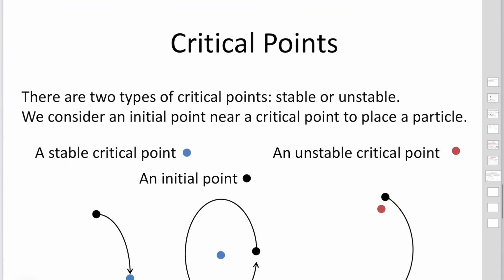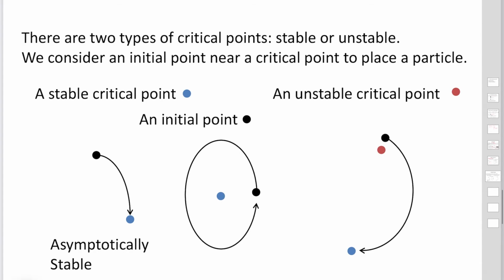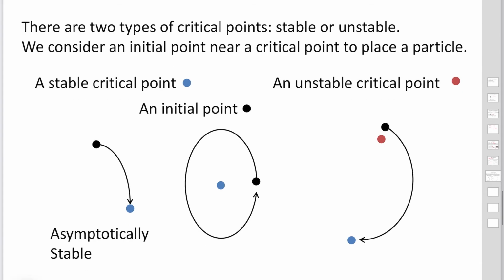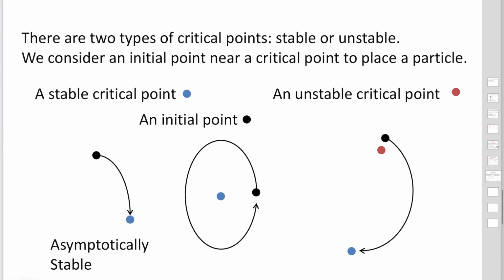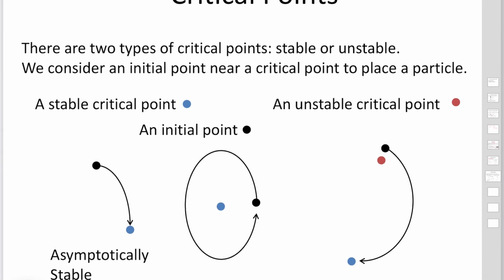Then I'd like to explain a little more about critical points. There are two types of critical points. One of them is a stable critical point. The other one is an unstable critical point. We consider placing a particle at an initial point near a critical point. There are two possibilities.